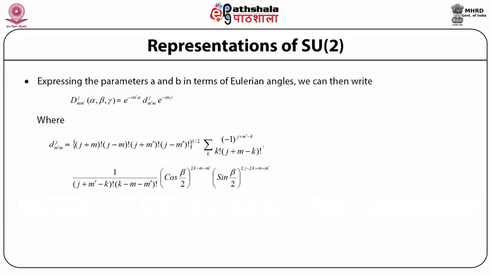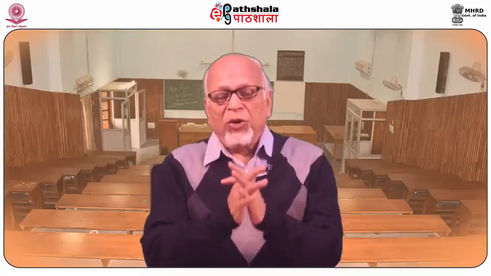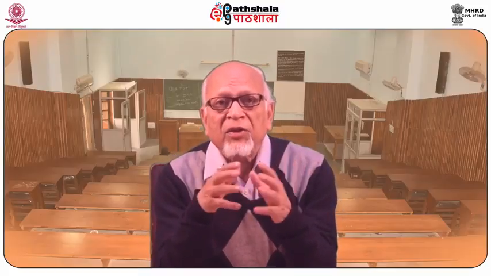In this expression, k is summed over and takes all integer values such that the factorials do not become negative. So now, having obtained the various representations of these matrices, we'll prove some properties of these representation matrices.